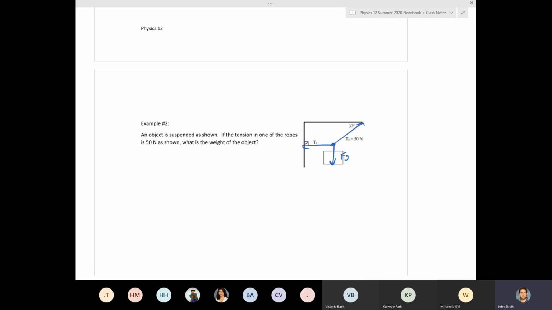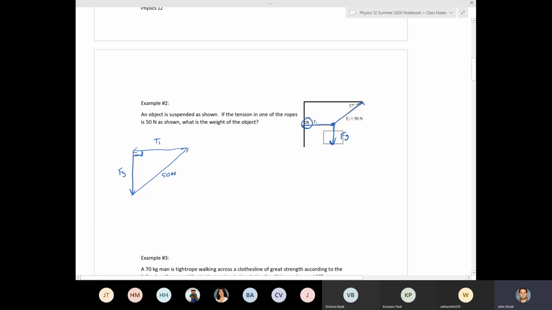It doesn't matter how you draw this. In this case, I can draw any force I want first. So I'm just going to go like this. That's T2, which is 50 newtons, plus T1, which is going directly to the left because of this right angle right here. Plus FG. FG always goes straight down. So that means that this is a right angle, and this angle right here is 37 degrees.